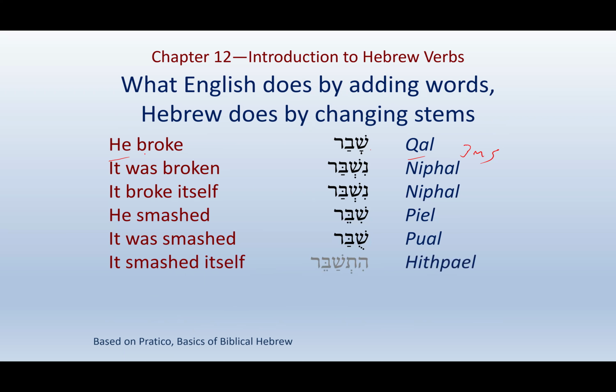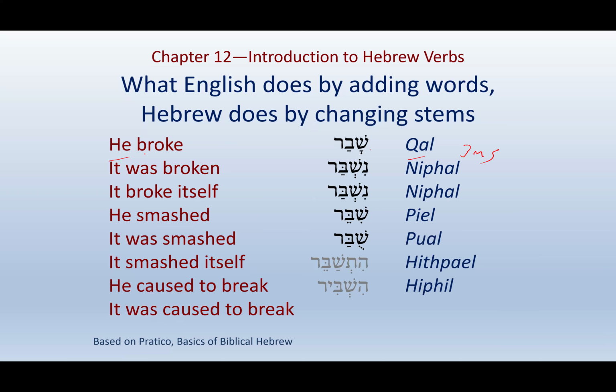Okay. And then "he caused to break." That's going to be hishbir. That's going to be the Hiphil. And then "it was caused to break." That's passive. It's still causative action, but it's passive action. That's going to be the Hophal. So we have hoshbar, that Hophal.